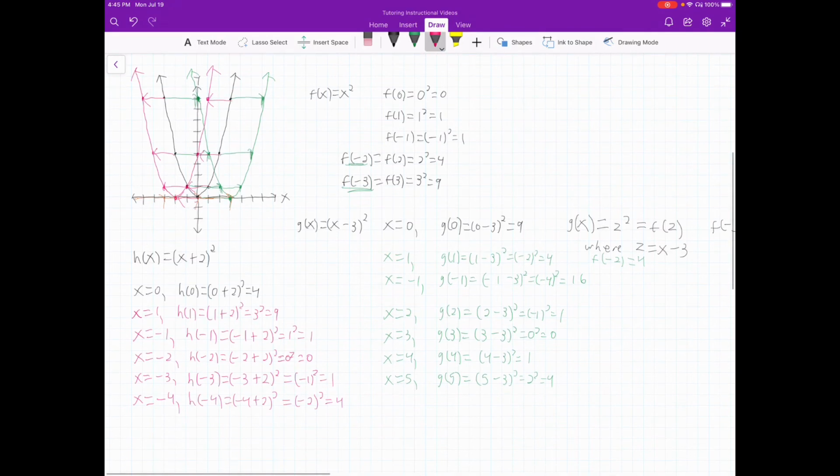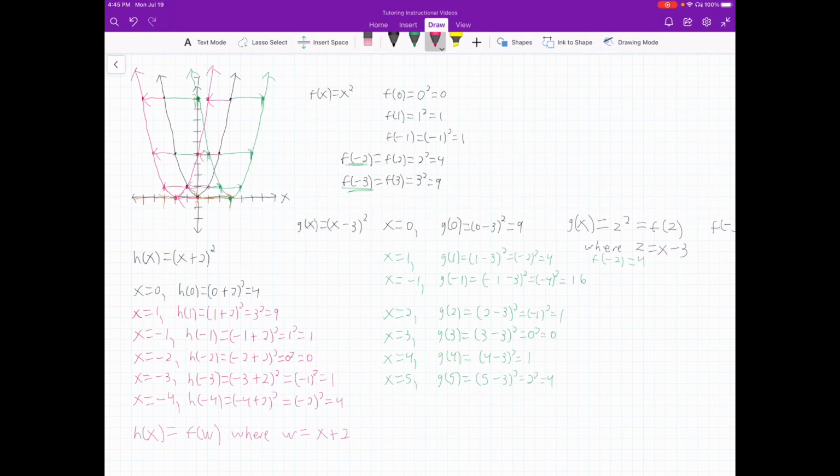The reason that happens is because we can redefine h of x to be f of w, where w is x plus 2 by substitution.